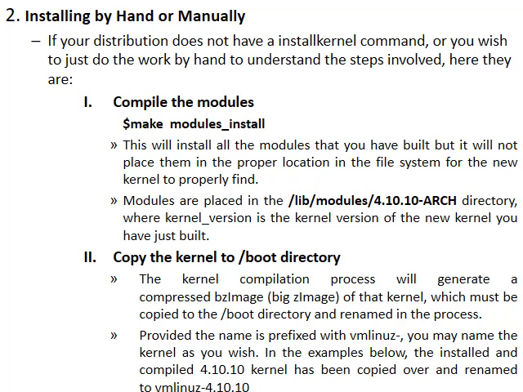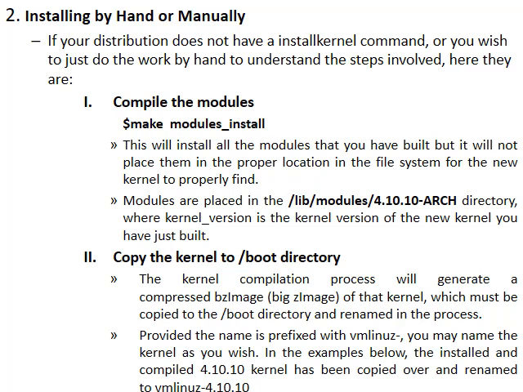As we have already seen the automatic installation in the previous slide, if you are installing the Linux kernel manually or by hand, the outcome will be similar to the previous case. The only thing is that all things are to be applied by the user.